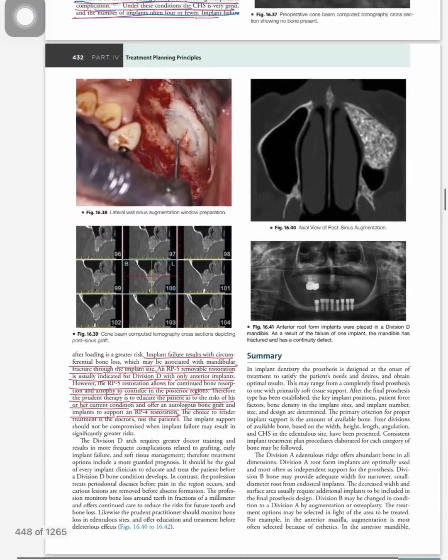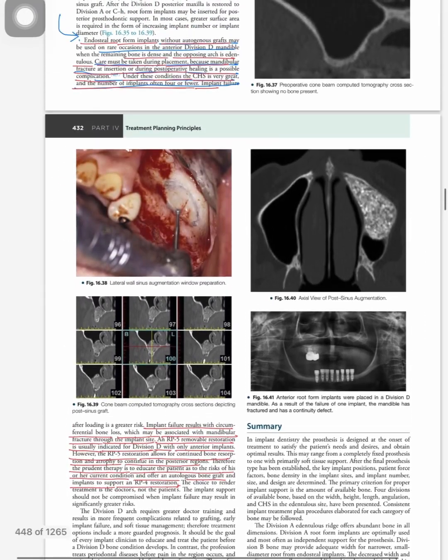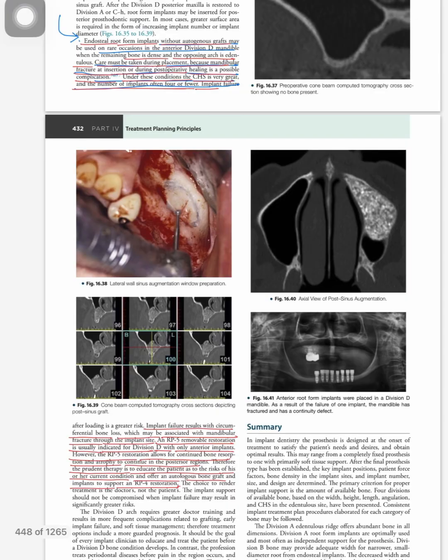All right. But in most cases of division D in mandible, what we do is we place two implants in the mandibular anterior region and then give an overdenture, which is an RP5 prosthesis.